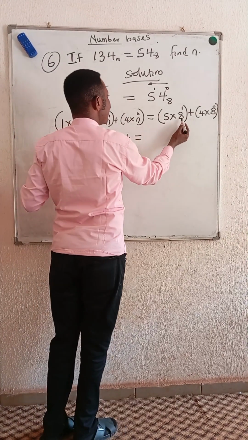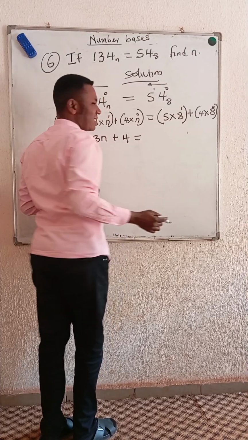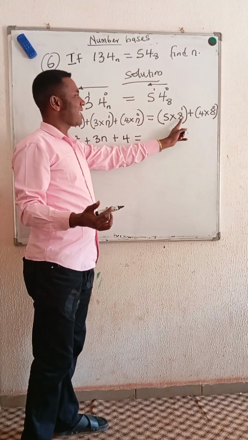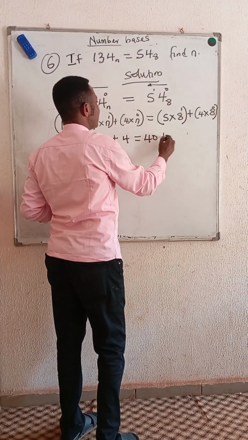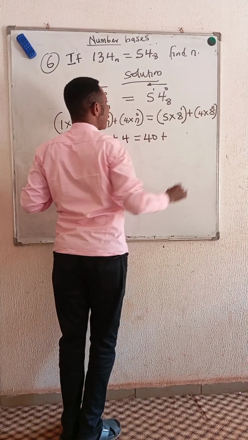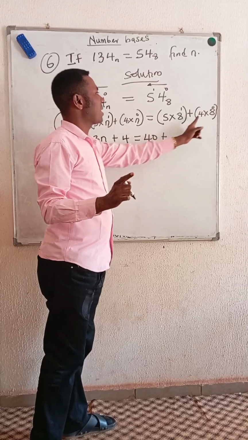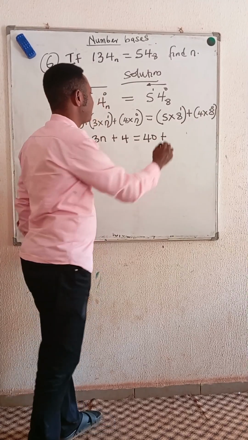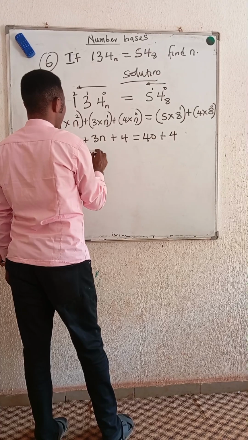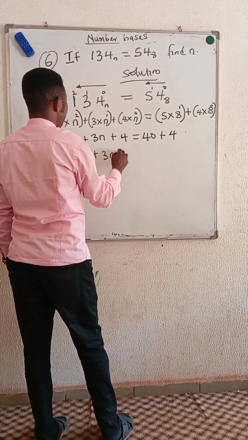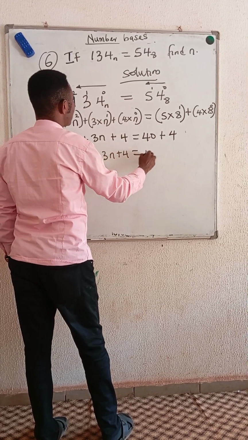Equal to, this one now, look at it. 8 power 1 is 8, then 8 multiplied by 5, you have 40. Now, 8 power 0 is 1, then 1 times 4, you have 4. So now we have n squared plus 3n plus 4 equal to what?